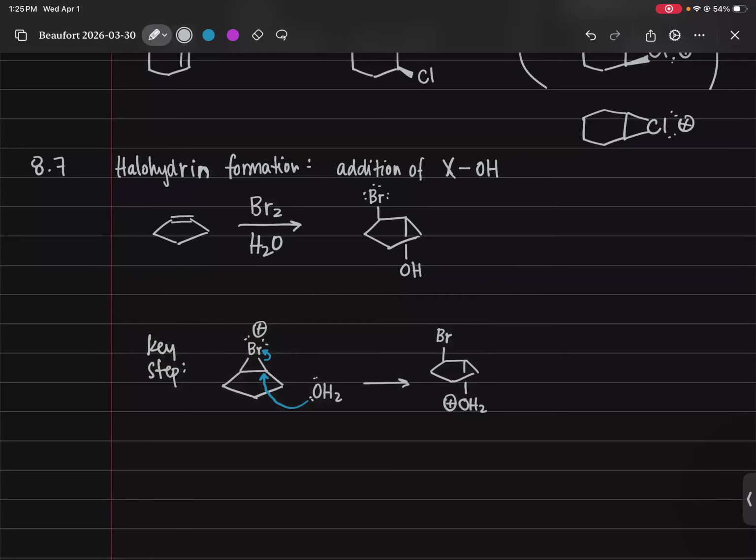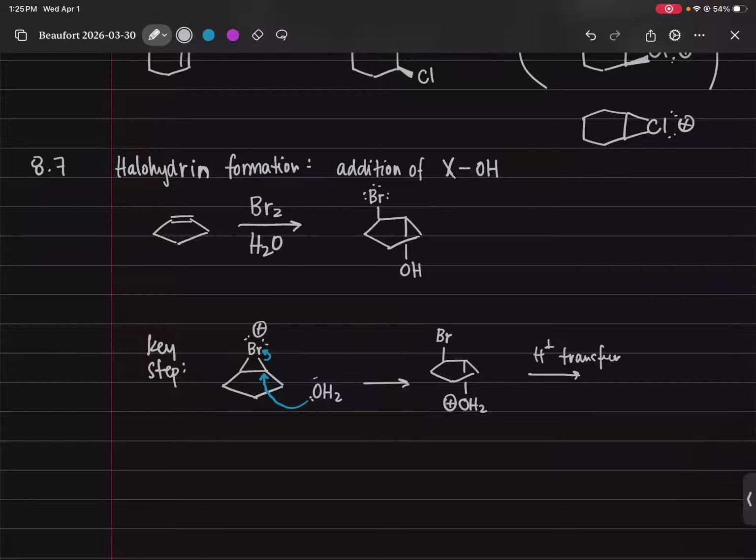There we go. And then the next step, proton transfer to get rid of the extra hydrogen.